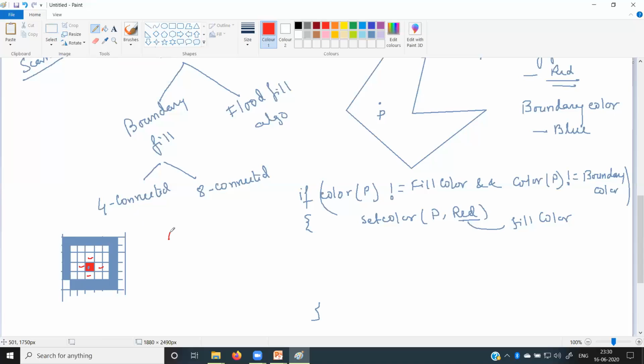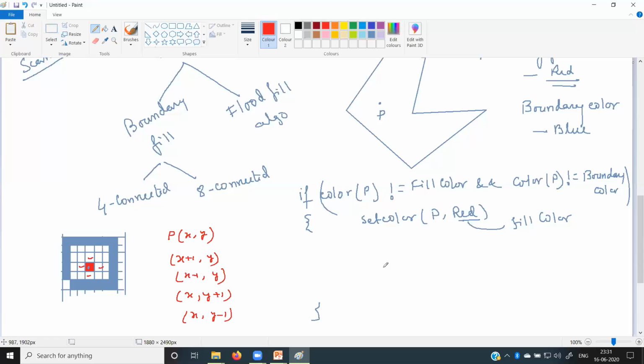If the coordinate of point P is x, y, then the coordinates of the four nearest neighbors will be x plus 1, y; x minus 1, y; x, y plus 1; and x, y minus 1. So those are the four nearest neighbors: this is x, y plus 1, this is x, y minus 1, this is x plus 1, y, and this is x minus 1, y.